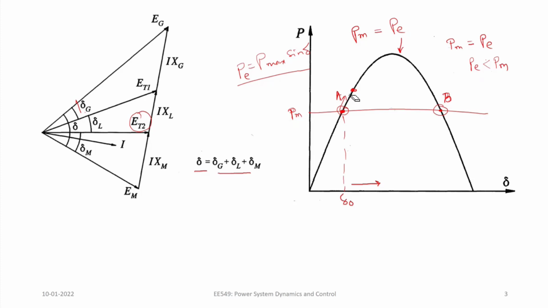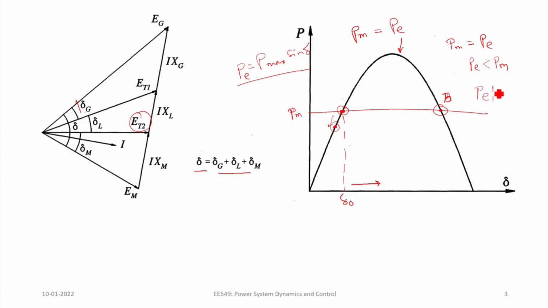As it decreases, your operating point will move in this direction, downward, right? As it moves downward, P is less than Pm, so an acceleration will take place, and because of acceleration, again your P will increase.